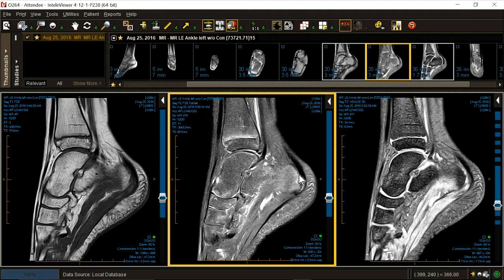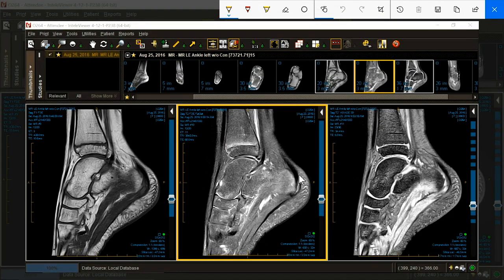And when you look at the foot of, say, a 15-year-old boy or girl playing American soccer, so-called European football, you'll see a lot of little dots in the bone. These dots are most conspicuous. They're random. They're hyper-intense. They show up on the PD.